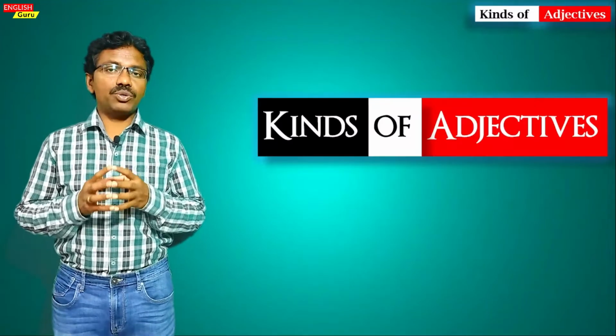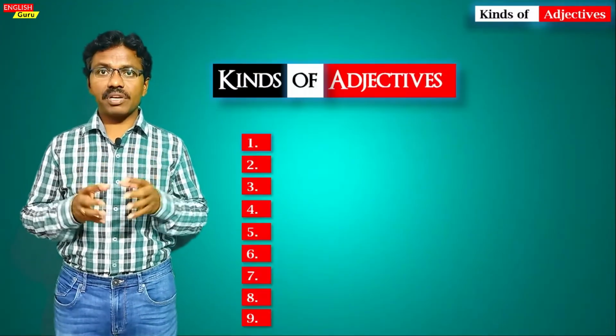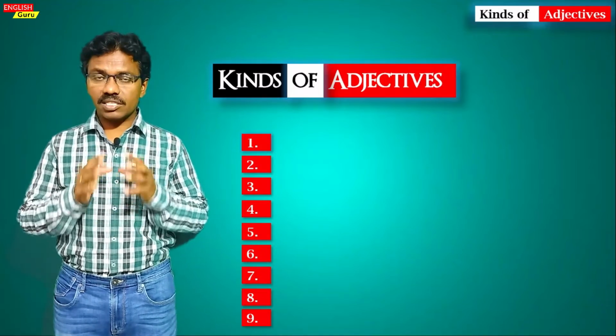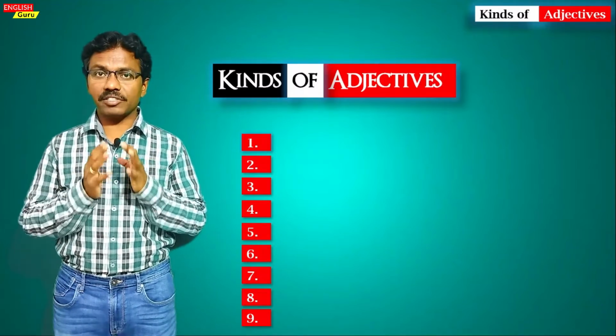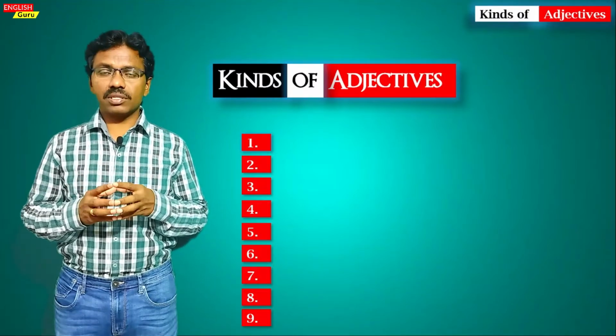And now let us try to understand the kinds of adjectives which are there in English language, and these kinds will help us to understand the adjectives in a proper and the right manner. We have taken 9 kinds of adjectives in this video.